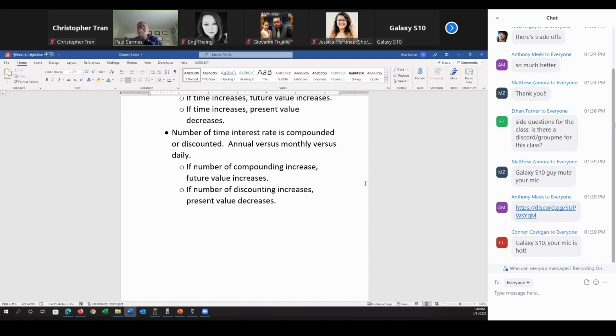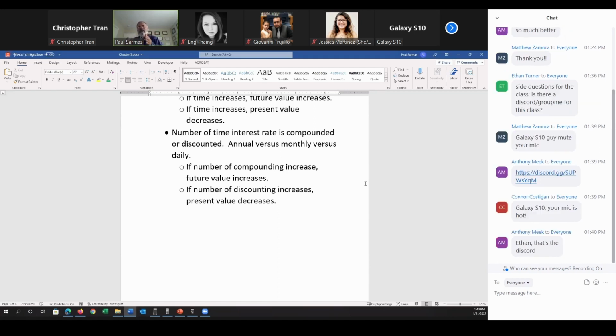Or they can pay you 1% every month. It will add up to 12%. In all these examples, the interest rate is 12%. It's just paid in different frequency. It can be paid every day.